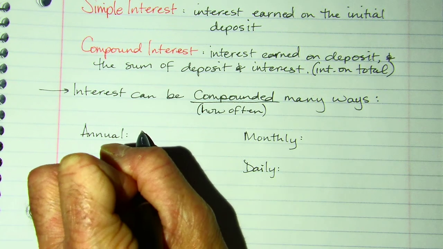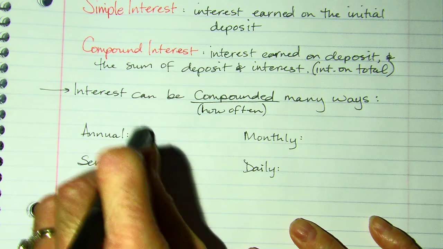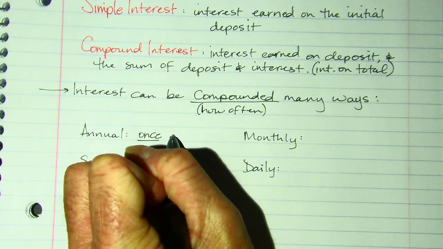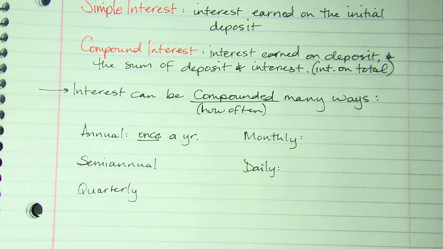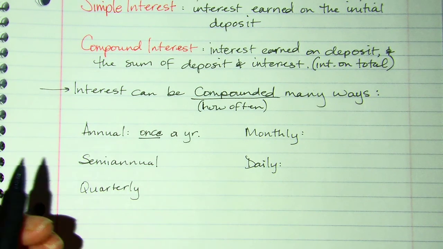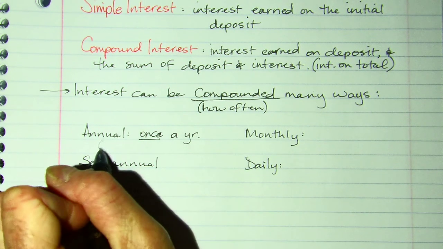Annually would mean that it's once a year. Okay, so that means they would only calculate it one time, and that is where we'd call that basically simple interest. Okay, that'd be like your simple interest.